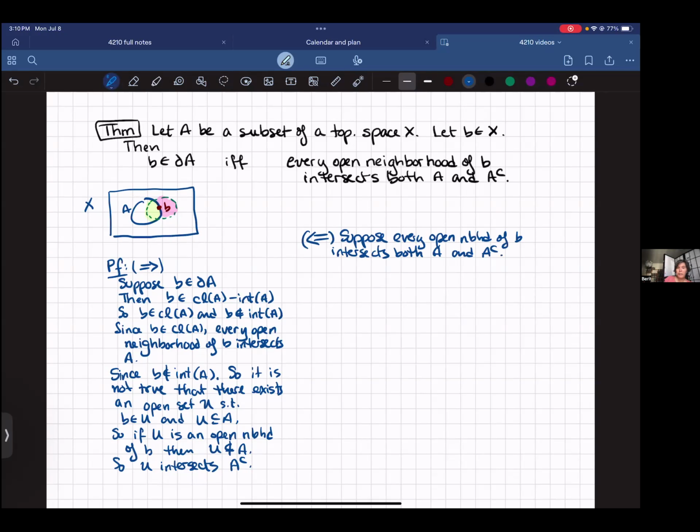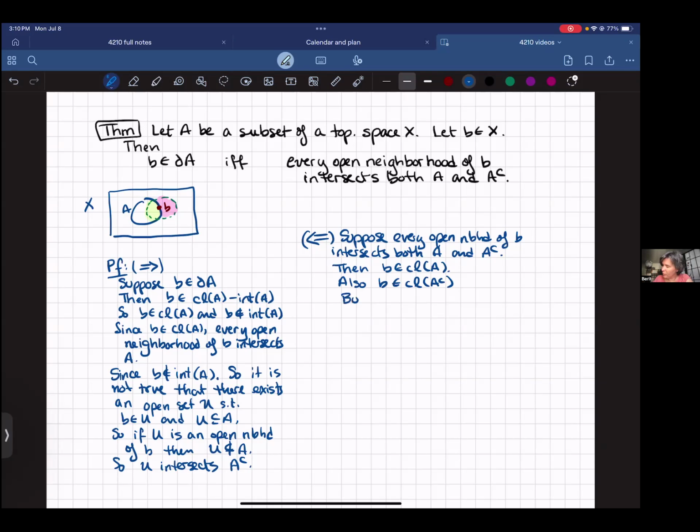Well, because every open neighborhood of B intersects A, then B has to be in the closure of A. That's a theorem about the closure. And also, B is in the closure of A complement. That's a theorem about the closure of A complement.